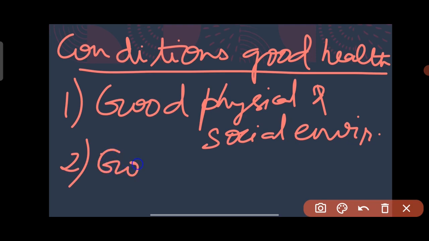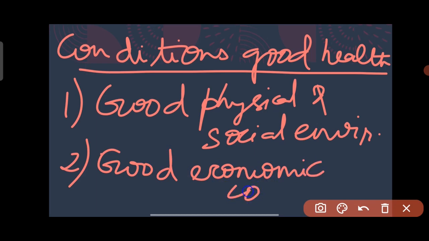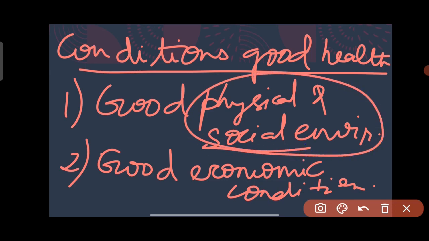Second is good economic conditions. This is the major thing we should have, like personal cleanliness or hygiene. How can we say that good physical and social environment is present? Good physical and social environment includes clean surroundings, good sanitation, proper garbage disposal, and clean drinking water.